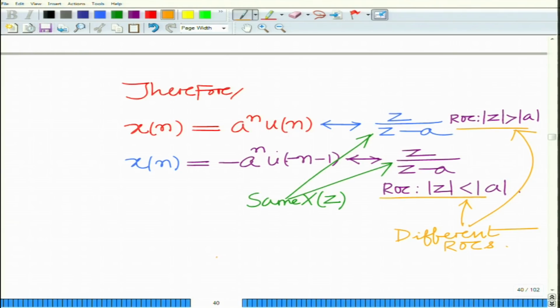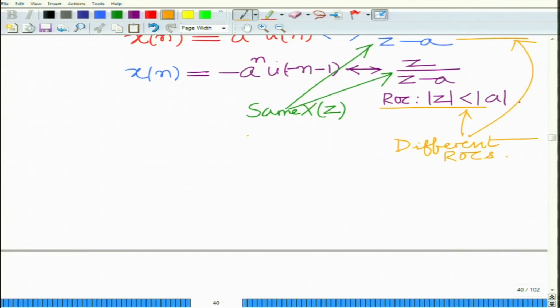Different regions of convergence implies that to uniquely or fully specify the signal, one has to also specify the region of convergence, otherwise the Z transform is incomplete, similar to the Laplace transform. All right.